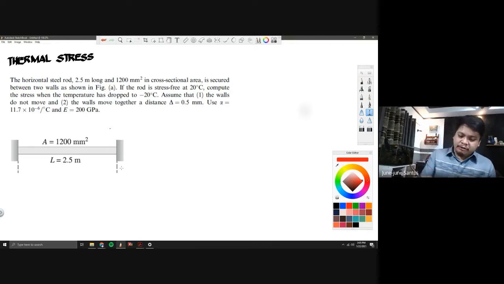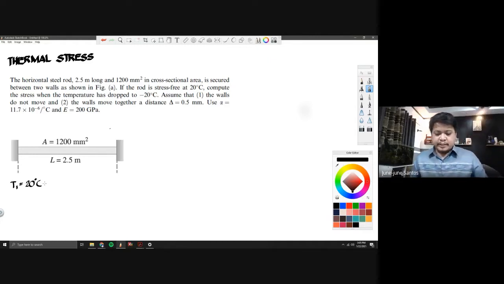Okay? So, we will be having here initial temperature as T1. So that would become equal to 20 degrees Celsius, okay? Compute the stress when the temperature has dropped to negative 20.